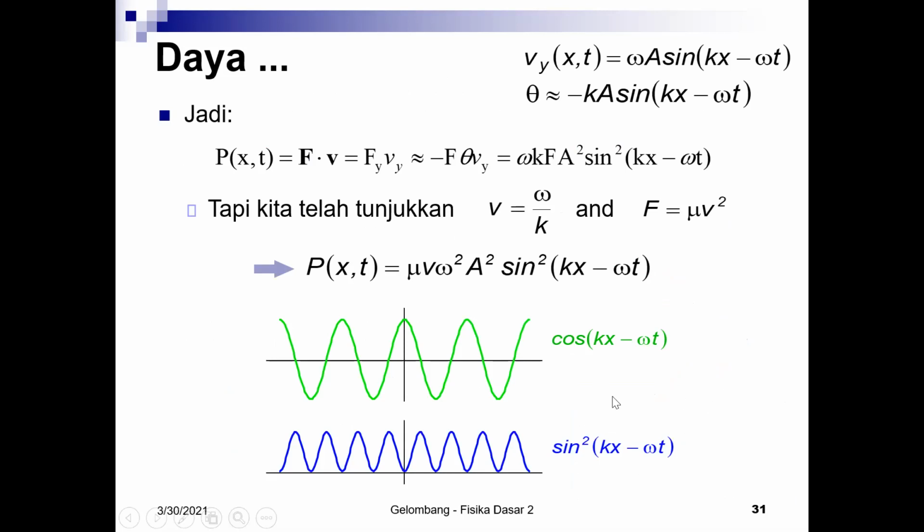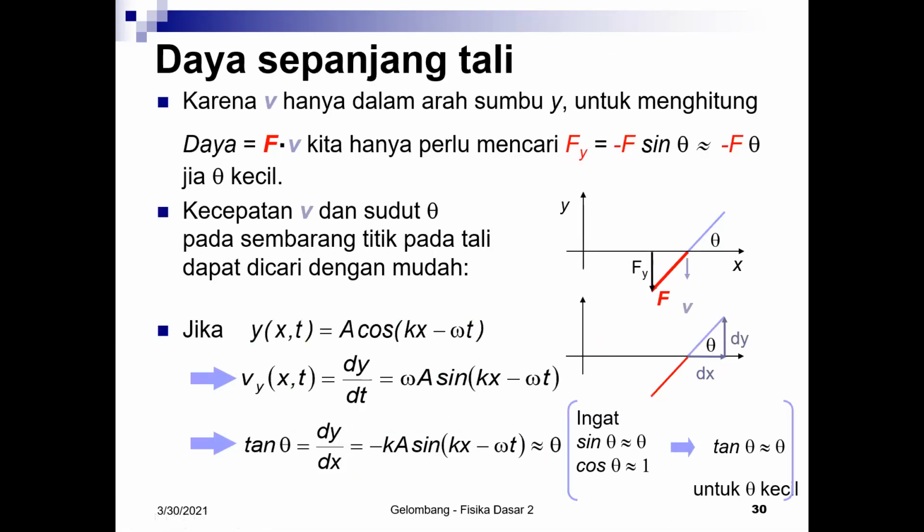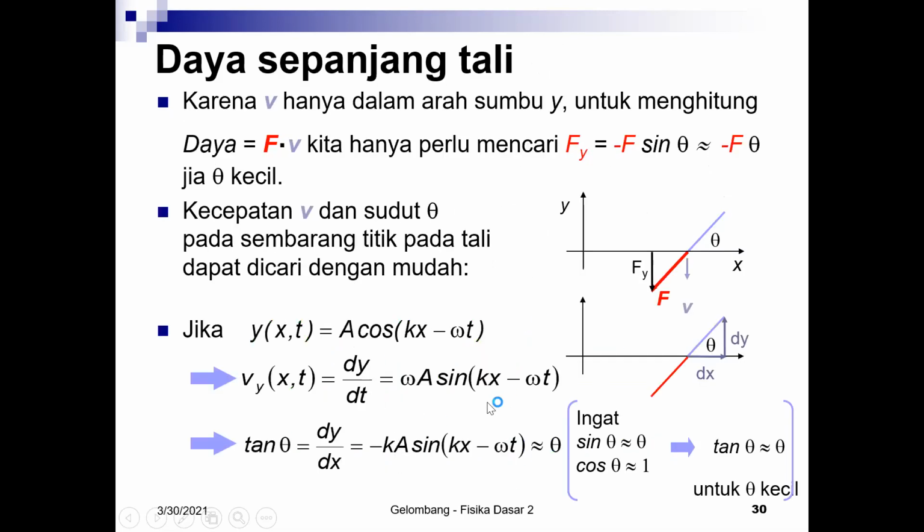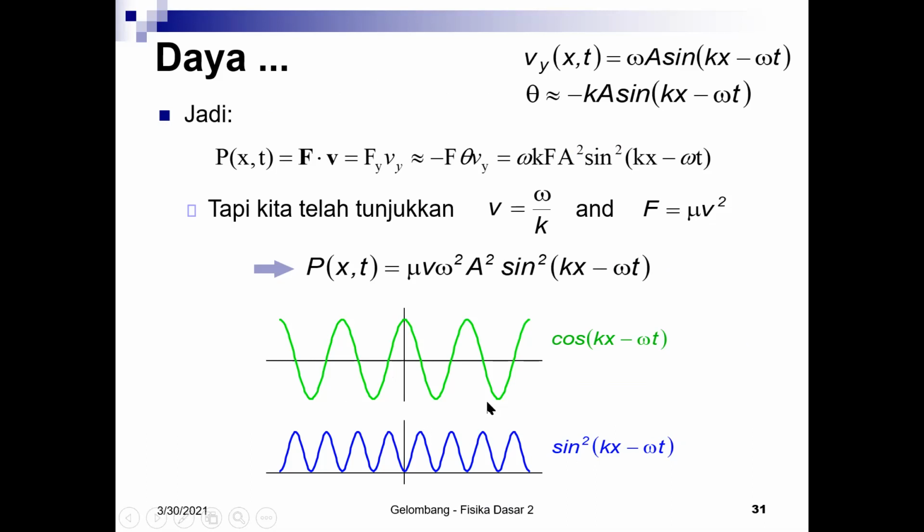Then we get that the power of the wave is F_y times v_y. From the above equation, F is a constant, so we get this theta times v_y, where v_y is the speed of oscillation of the wave.